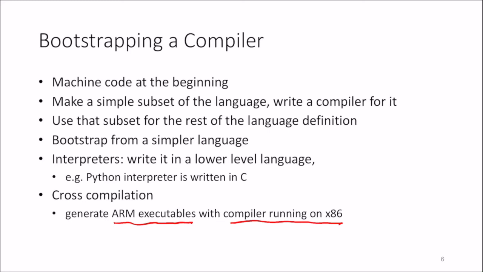So you can run your compiler now on an ARM machine, where the original compiler ran on x86. So this kind of cross-compilation is another attractive way to bootstrap from one architecture to the other.